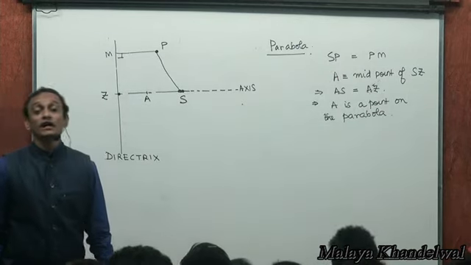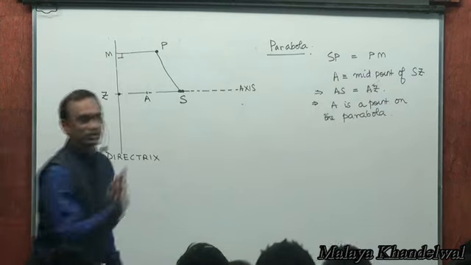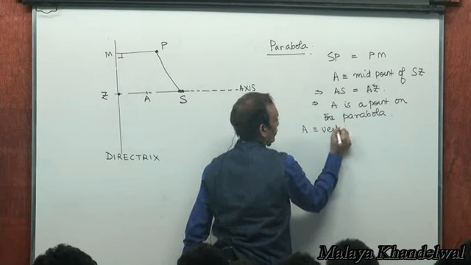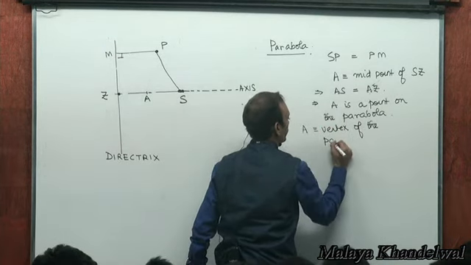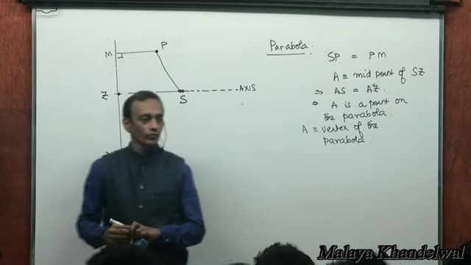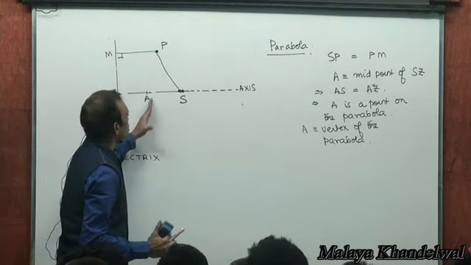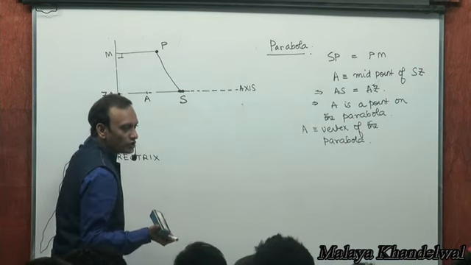And this point A is called the vertex of the parabola. Because any point whose distance from the focus is the same as its distance from the directrix is a point on the parabola.